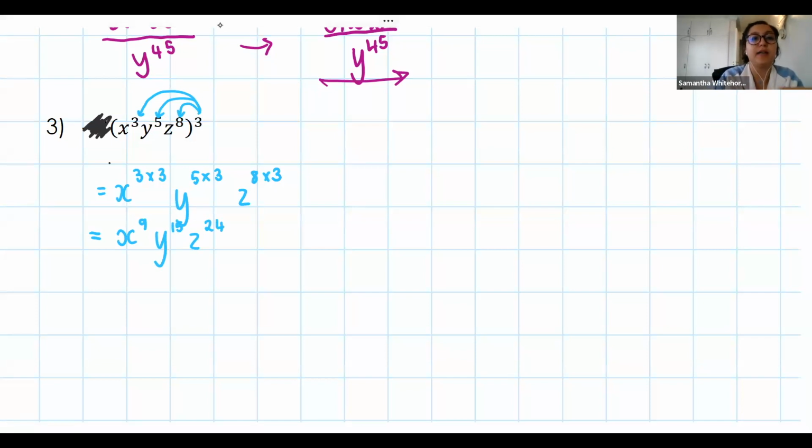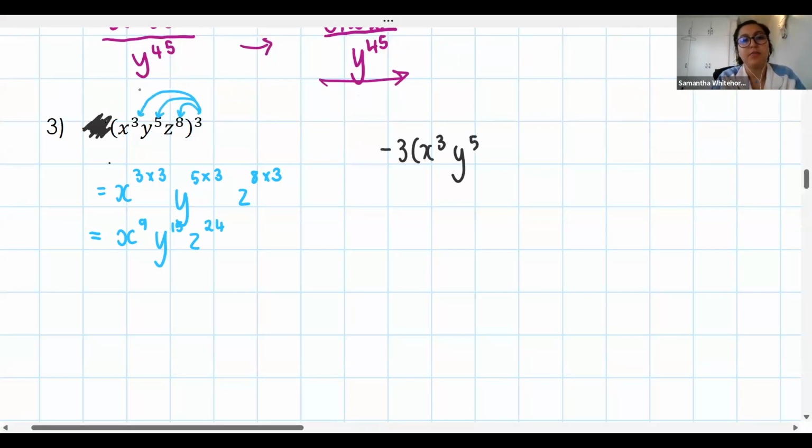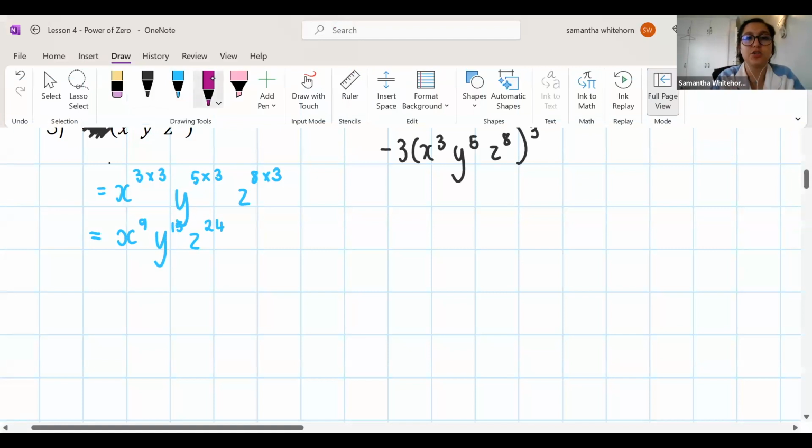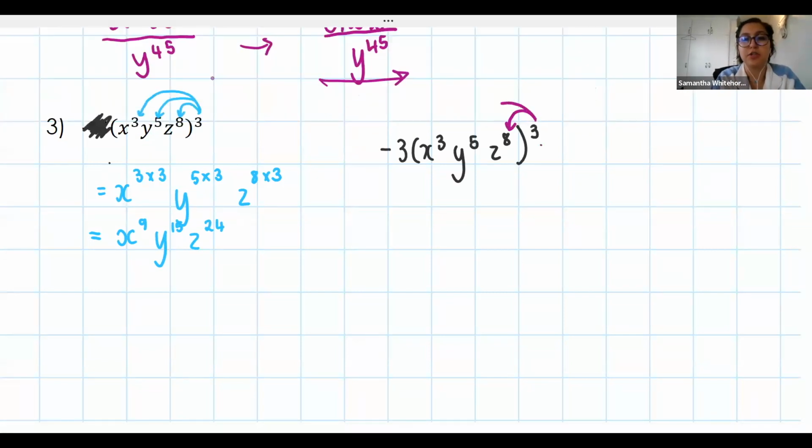Now, if we had kept the -3 there, just so that you understand what's going on, what you need to be careful of is that the -3 is not inside the bracket. So when I distribute, I'm still only distributing this outside exponent to the exponents inside the bracket. This exponent applies to your bracket only.